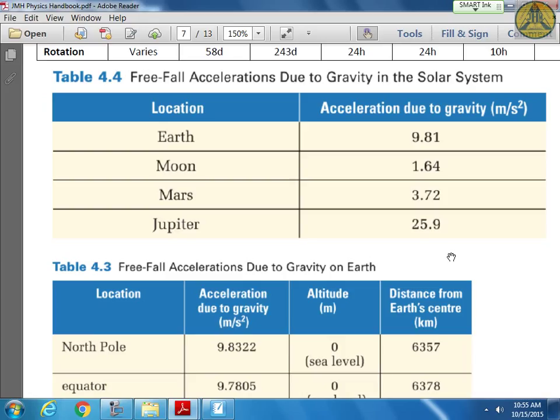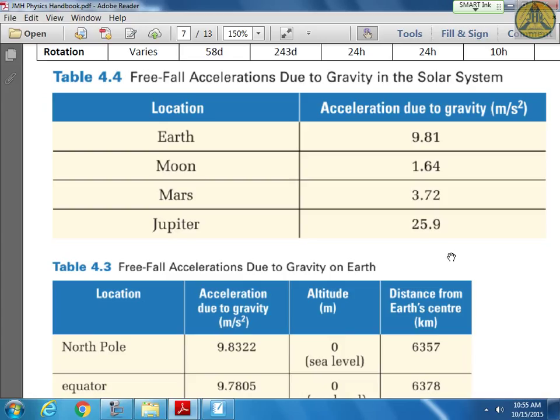All right. So if you're reading a question and it tells you an object is at the North Pole or at the equator, these are the values you'll use. Okay. So the Earth is not perfectly spherical. It's spinning. So because it's spinning, it's squished a little at the top and widened at the equator. So because it's squished a little at the top, it's closer to the center of the Earth. The closer you are to the center of the Earth, without digging into the center of the Earth, I guess, the higher the acceleration of gravity.